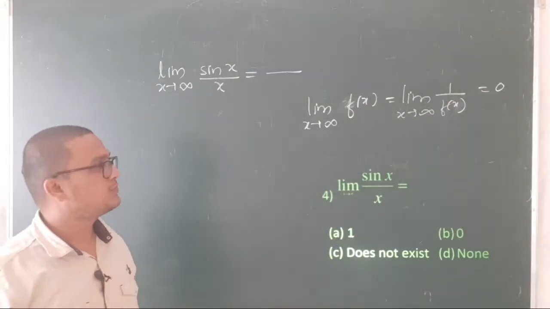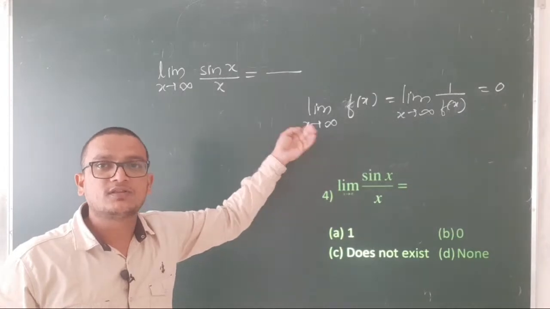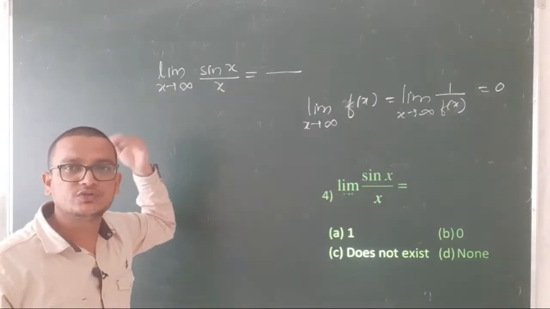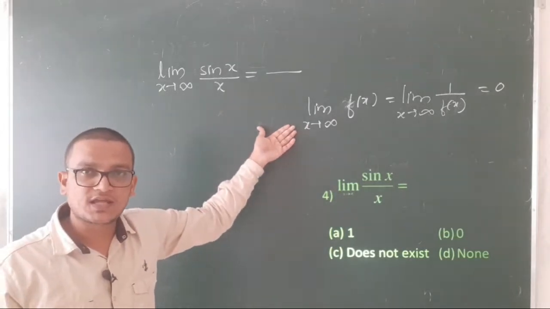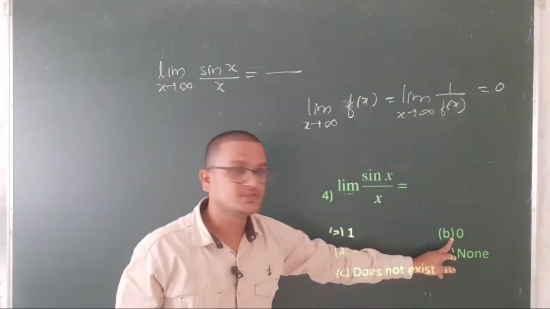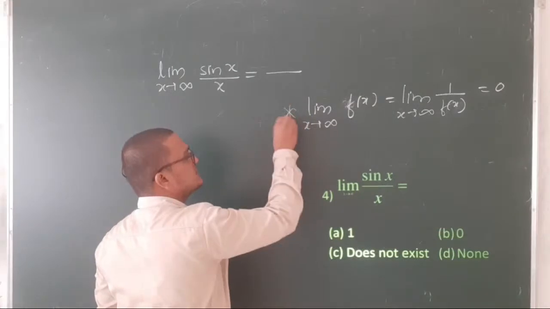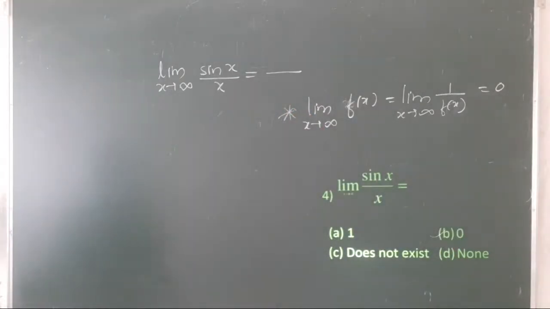If you remember this property or result, you can write the answer of this directly. No need to simplify. Why? Because we know if you have a problem of this type, its answer is going to be 0. So please remember this result. So here option B is correct.